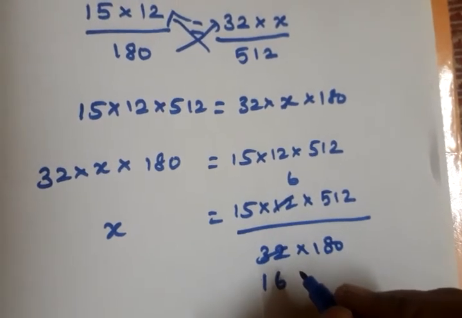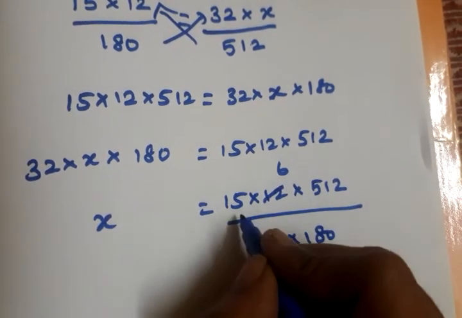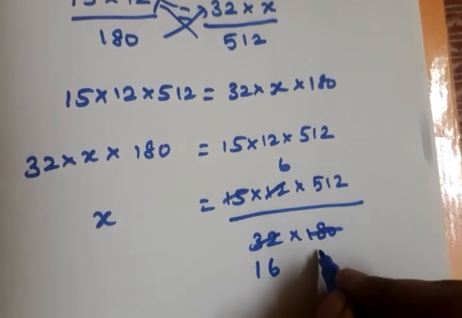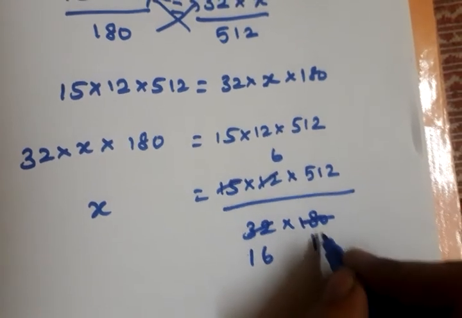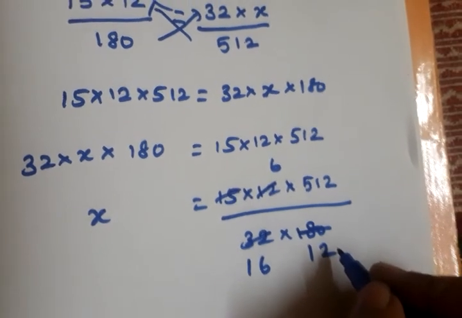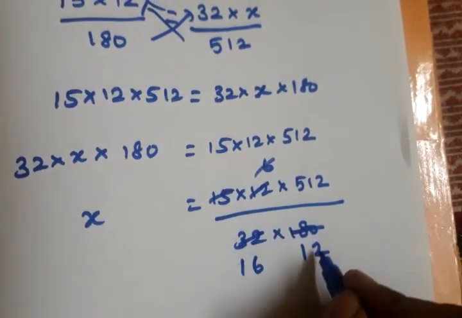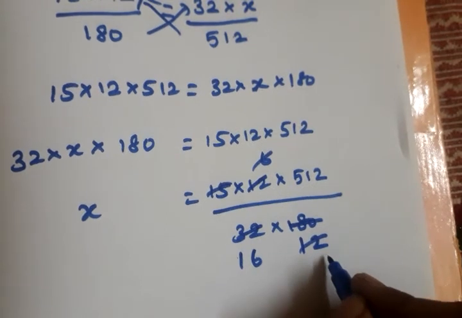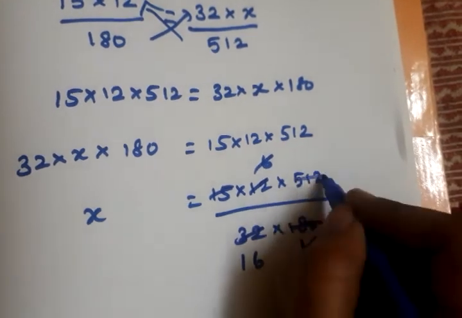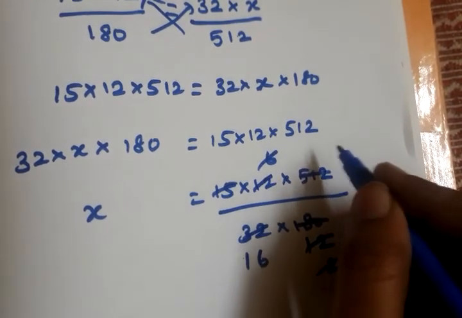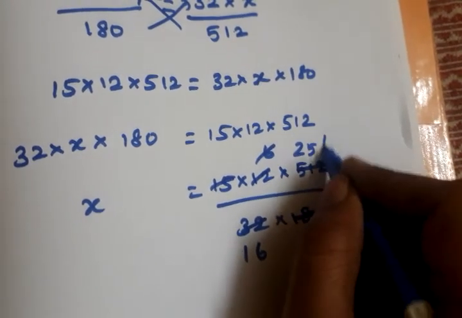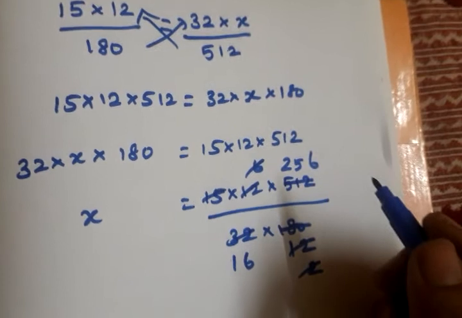Next, 15, 1 15 is 15, remaining 3, 2. 12, 6 2s are 12. Next, cancel it. 2 2s are 4, 2 remaining 1. 5 2s are 10, remaining 1, 6.